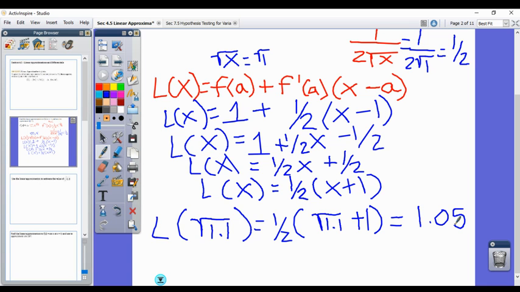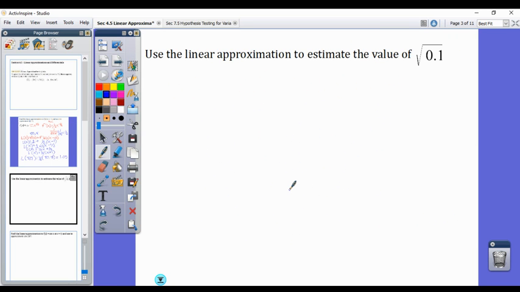Okay, so we're going to be using the same linear approximation formula for this next example. I'm just going to rewrite the original here. So we had L of x equals 1/2 times x plus 1. Okay, so let's go ahead and plug that in.